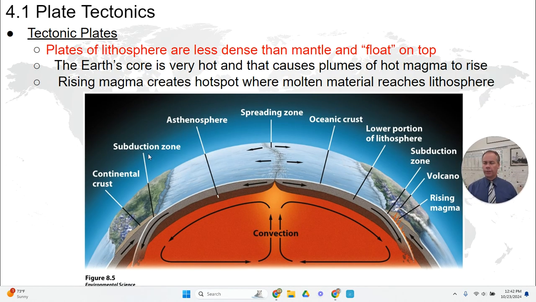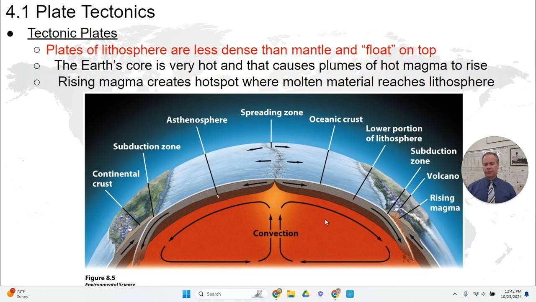The Earth's core itself is very hot, and that heat causes convection currents to form as hot magma within the Earth rises and creates these circulating convection currents. And it forms hot spots at the surface of the Earth. What happens in these situations is the plates of the lithosphere are actually moving relatively slowly over the surface of the Earth.